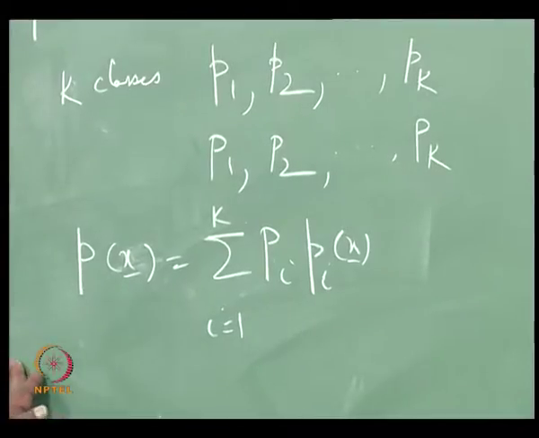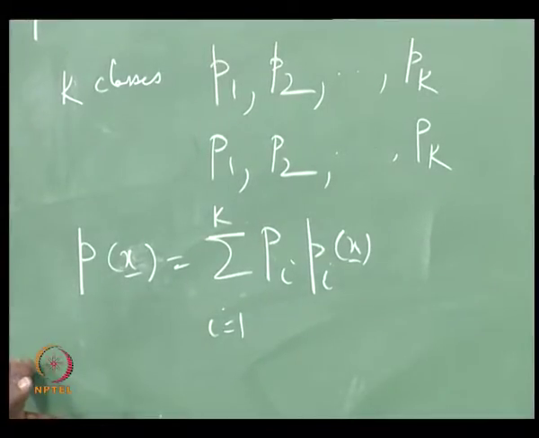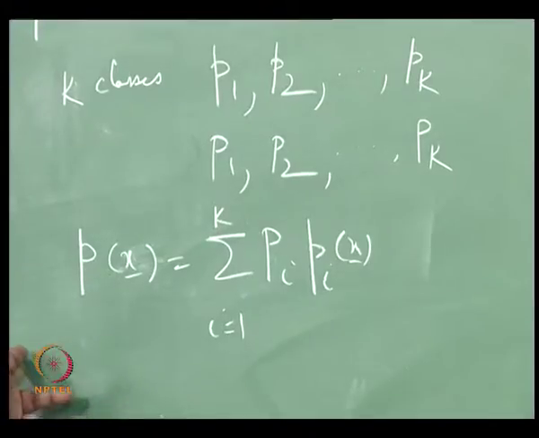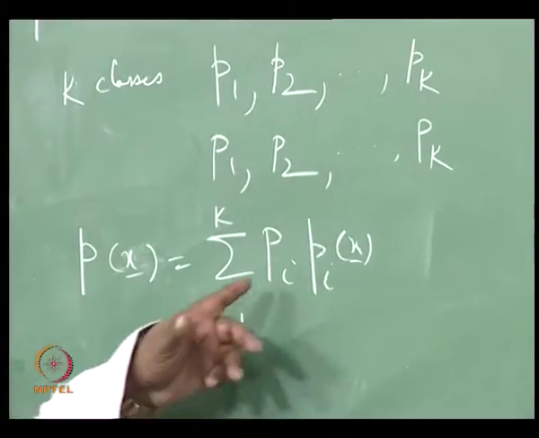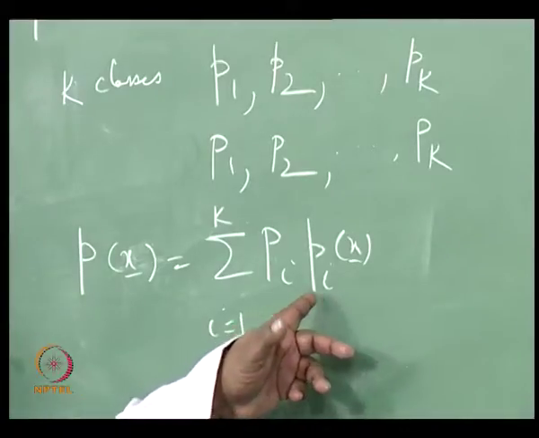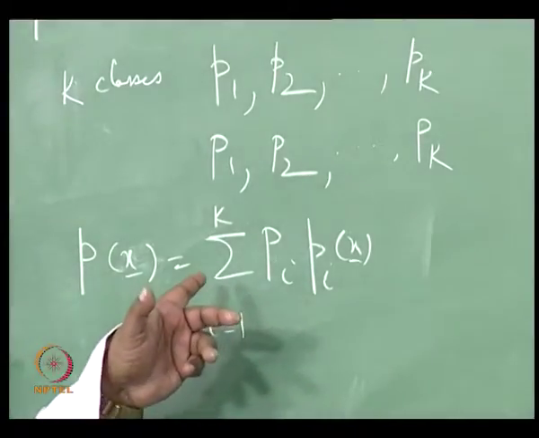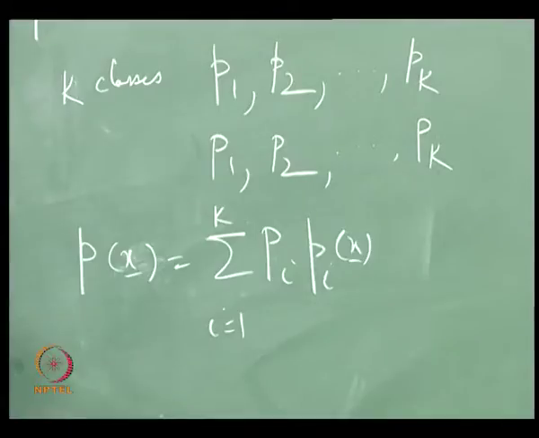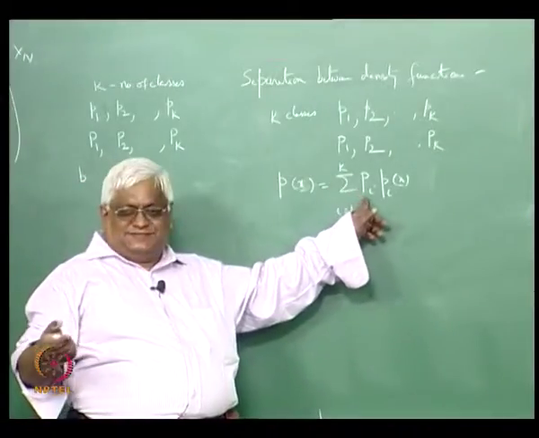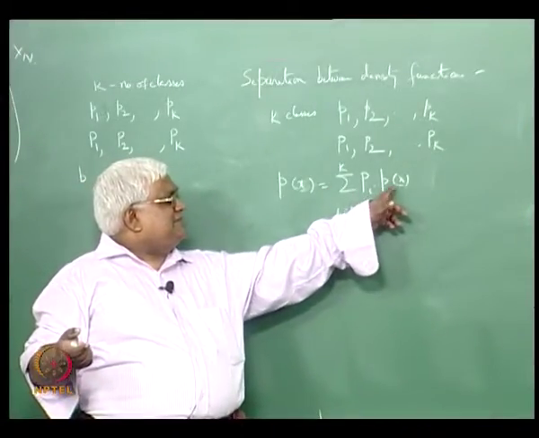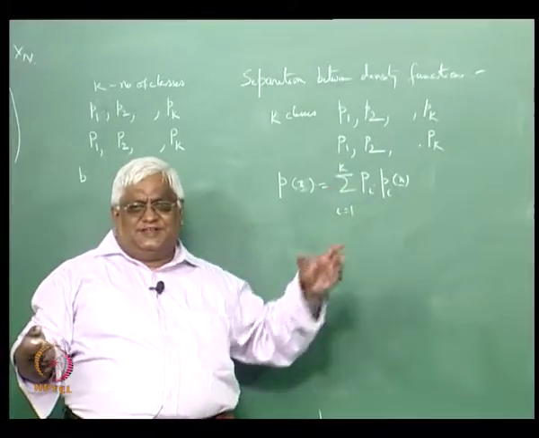This is the mixture density function, that is one terminology for this, and you also have another terminology for this. This is actually the mean of these k density functions, is it not? These are the probabilities, multiply the function by the probability, take the summation, you will get the mean.